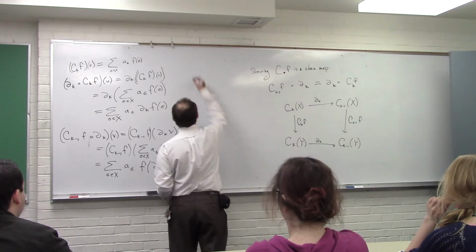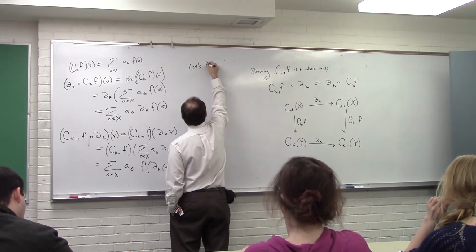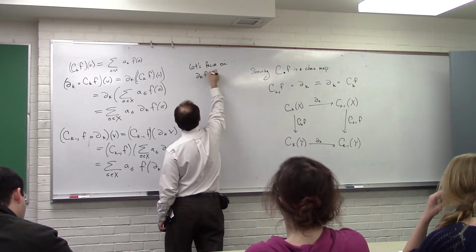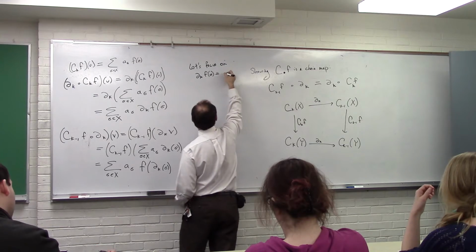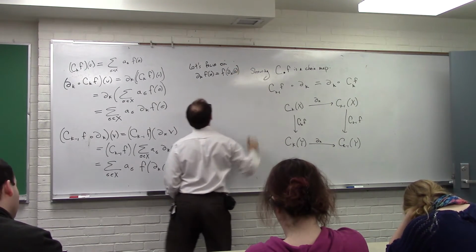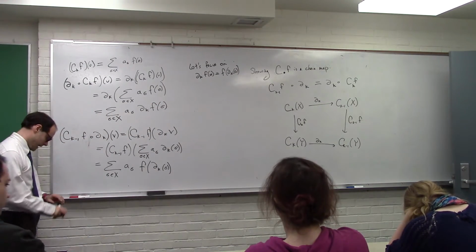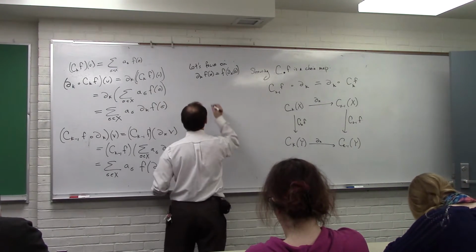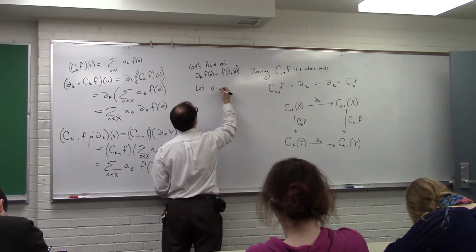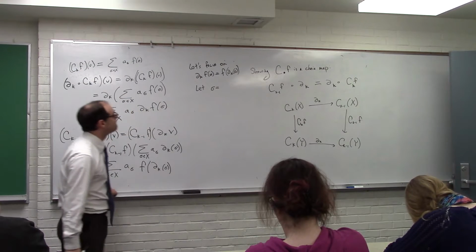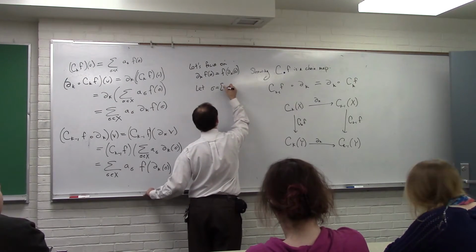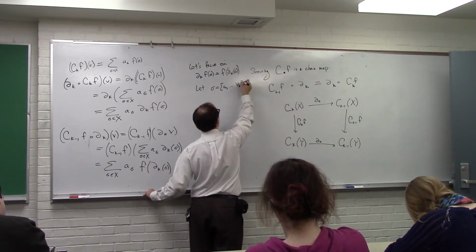So let's focus on showing this. So let's focus in on that. So here we go. Let sigma, it's a what dimensional simplex? Okay. It's a k-dimensional simplex. So it is v0 up to vk.